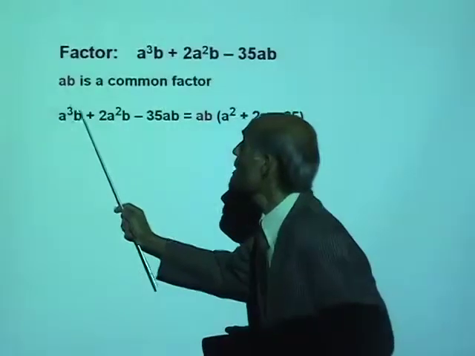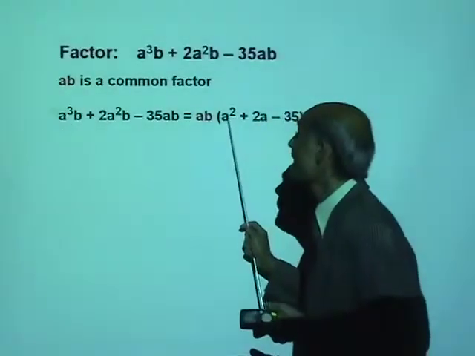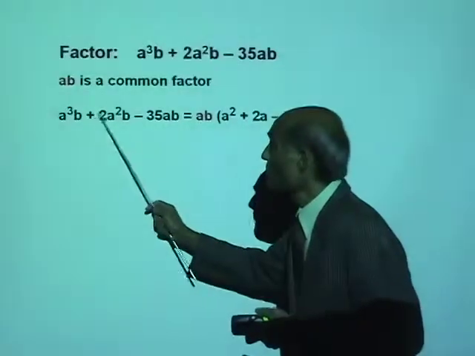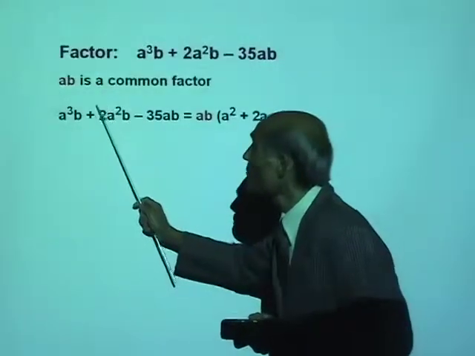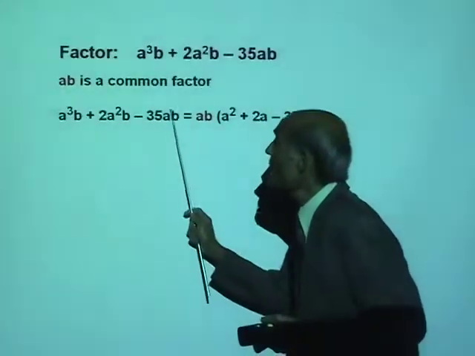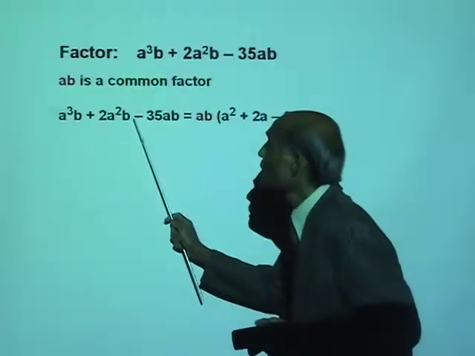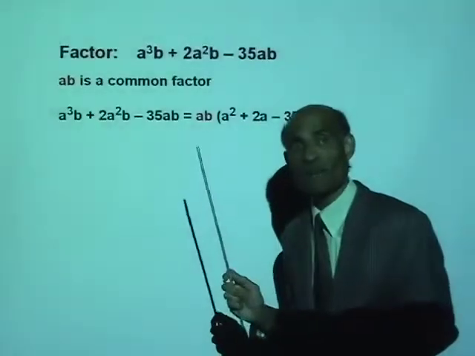When AB is pulled out from the first term, you are left with an a squared. Plus, when AB is pulled out, you are left with a positive 2a. And when AB is pulled out, the last term is negative 35. Do you understand that?